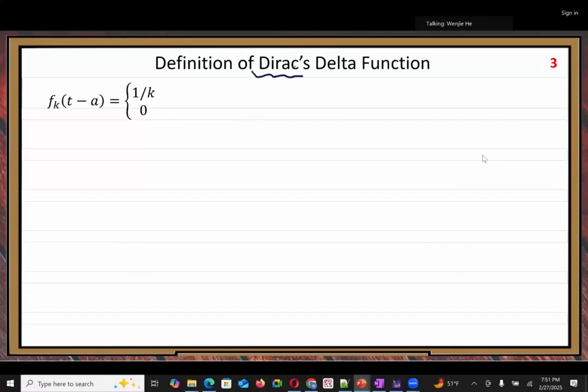Here we introduce a special sequence of functions. The function with subscript k is defined as follows.